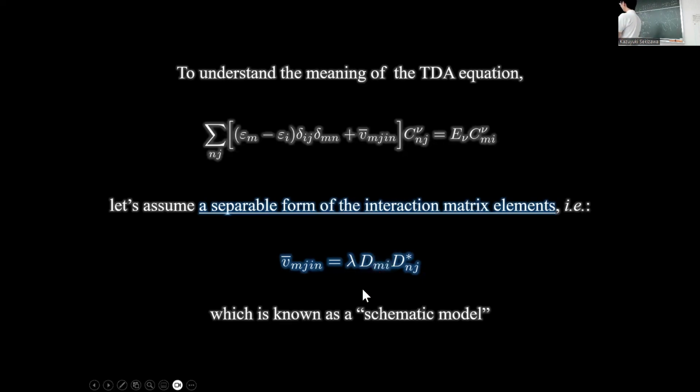And here you have D star Mi and Mj, which are separable. Okay, so this is a simplification, but with this simplification, the meaning of the equation will be more clear. And this kind of approximation is known as the schematic model. So you can find this kind of discussion in the textbook.